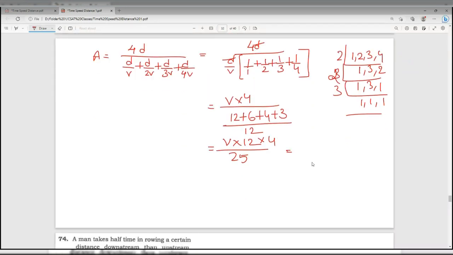This is equal to 48 by 25 into V, and this is less than 2V, because 25 into 2 is 50. I think 48 by 25 is 1.9 something, so this is just less than 2.